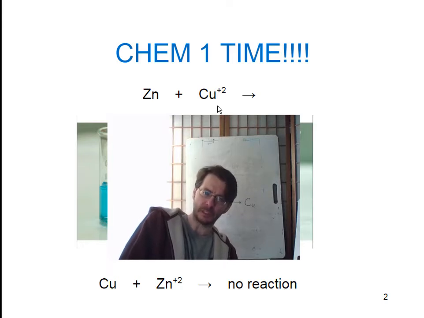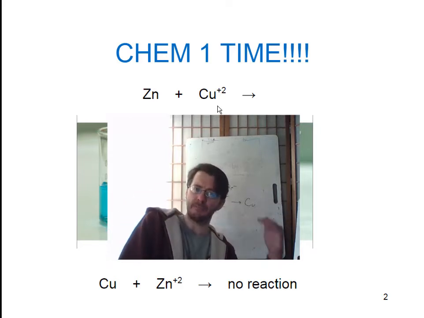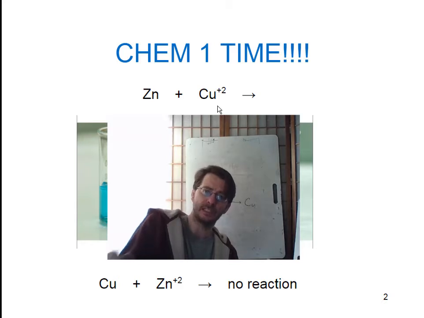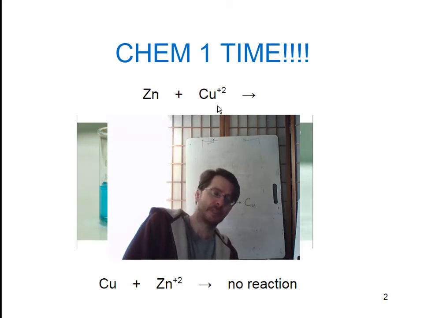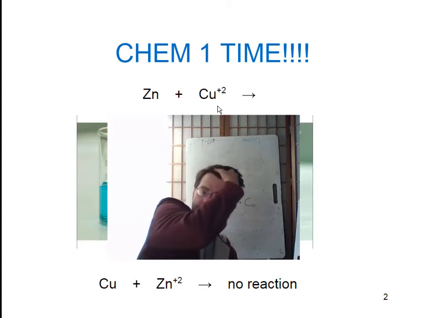That's a hallmark of spontaneity. Again, it goes back to thermodynamics. So there's a Gibbs free energy relationship here. The forward reaction is spontaneous. That means the backwards reaction is not. And so if you try this with copper and zinc, you put the copper into the zinc solution instead, you don't see any reaction. You don't see the copper dissolve in that process. So that's an important observation that we see.